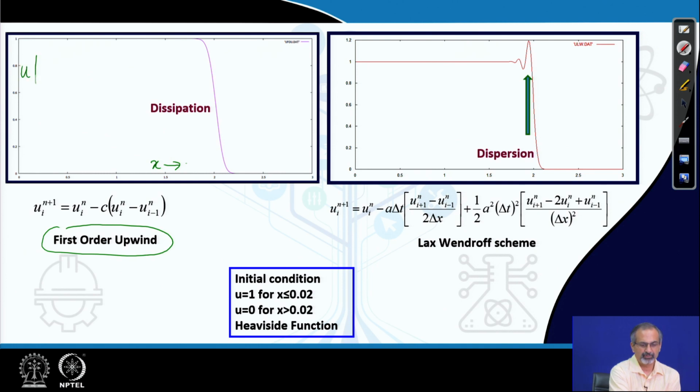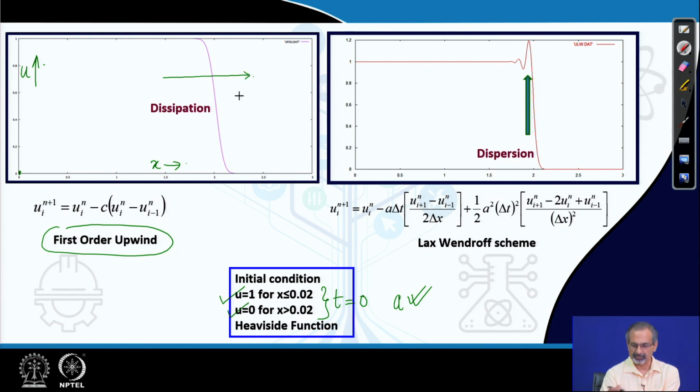This is the value of the dependent variable u, and u is equal to 1 for x less than or equal to 0.02, which is close to the origin, and u is equal to 0 for x greater than 0.02. This is defined at t equal to 0, and then the wave is allowed to propagate through the domain with a certain value of a. A has been defined already. So, with that the wave is propagating.